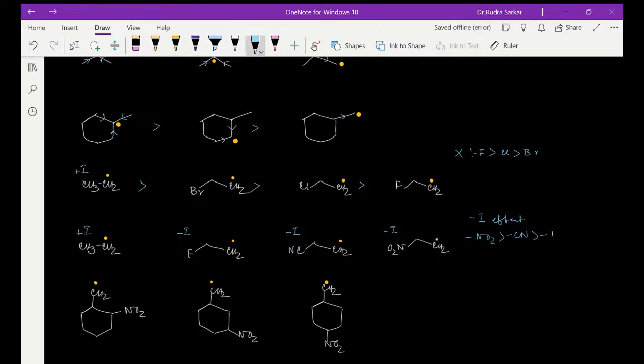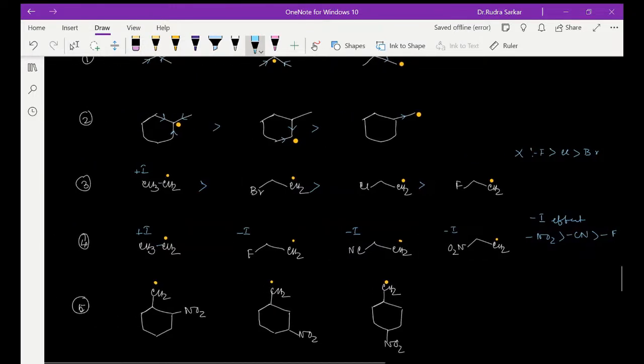So the molecule in which nitro is attached will be the least stable, and the one in which the methyl is attached will be the most stable. So this will be our answer.